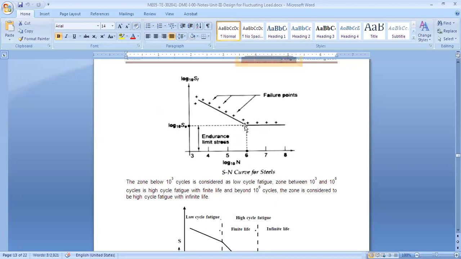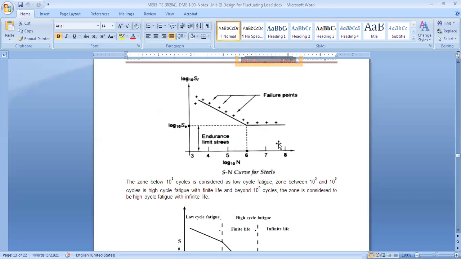So once we draw this line, that means we know for 10 to 6 cycles, endurance limit is the stress, and for 10 to 3 cycles, 0.9 of SUT is the limit. So with this, we can calculate for any given stress how many cycles it will survive, or for a certain number of cycles what is the stress it will survive, that is the limit.